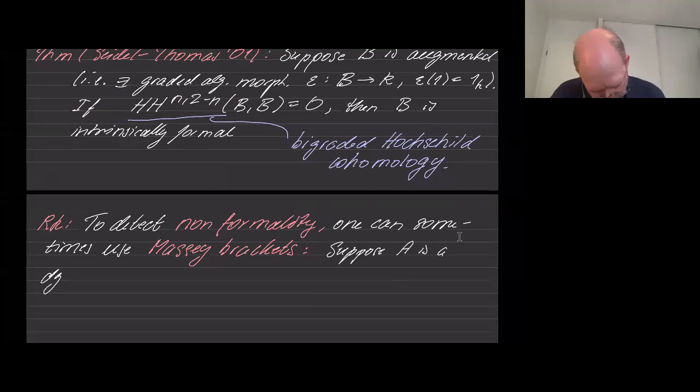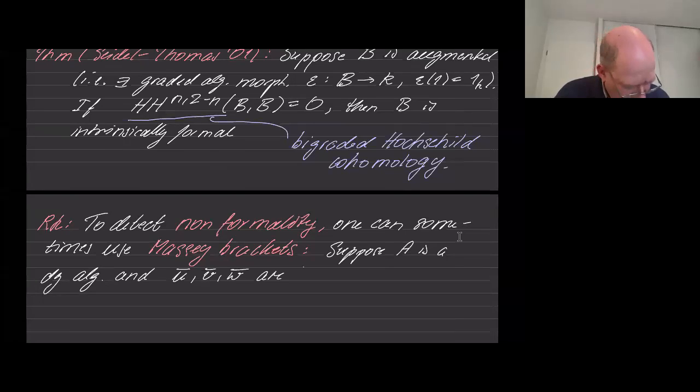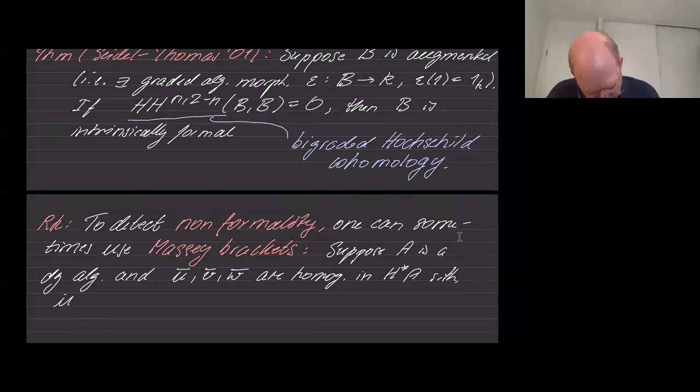And we have three homogeneous elements, three classes, u bar, v bar, w bar, homogeneous in homology, such that u bar v bar vanishes and v bar w bar also vanishes.